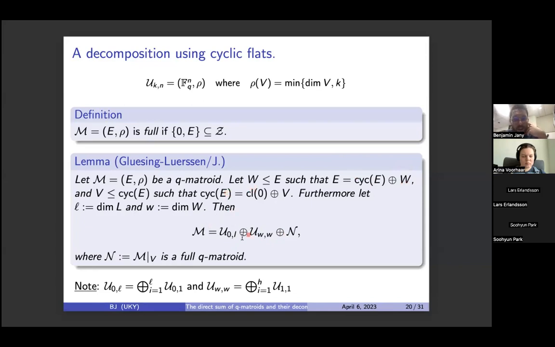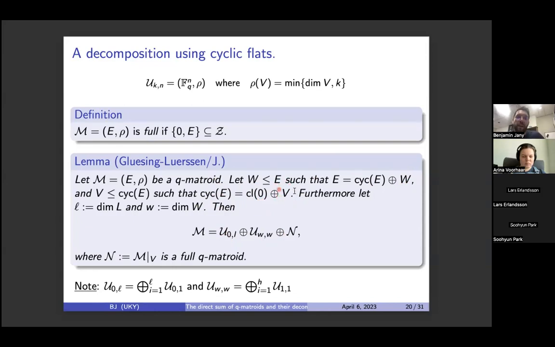Okay, and then to get this loop space, once we have the cyclic core of E, we break down the cyclic core of E as just the closure of 0, which brings all the loops together, plus a choice of complement of this closure. Okay.